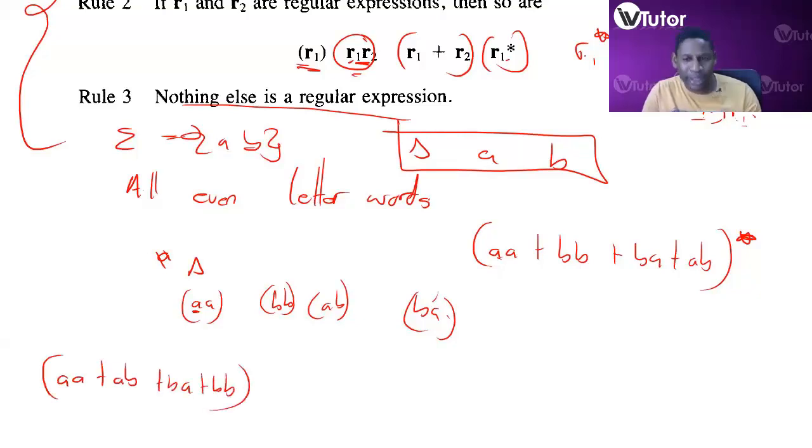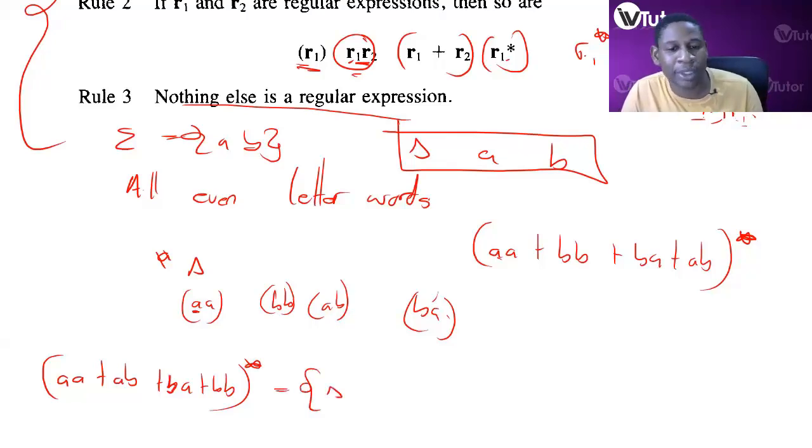If we put a Kleene closure, we have a set that starts with lambda. If this is now our R1, we can have R1, which means pick from the bracket R1. Picking from the bracket is as follows: you pick only one option. This is an exclusive OR.